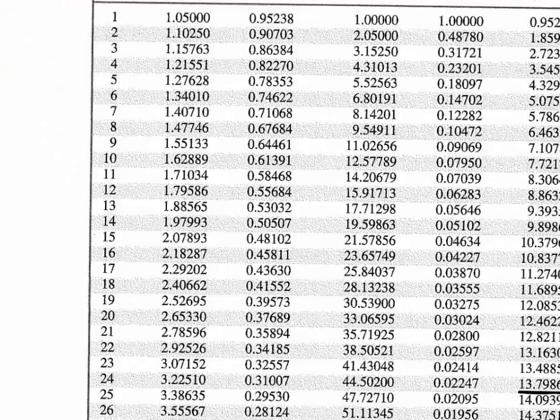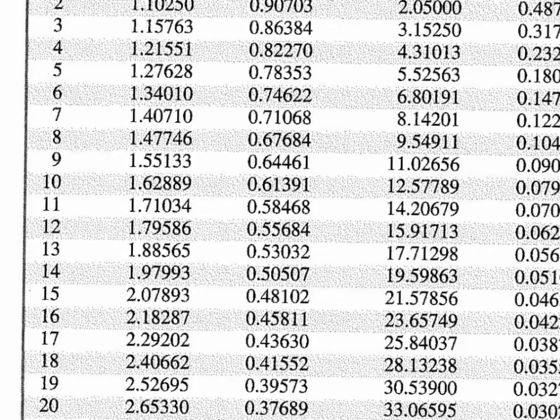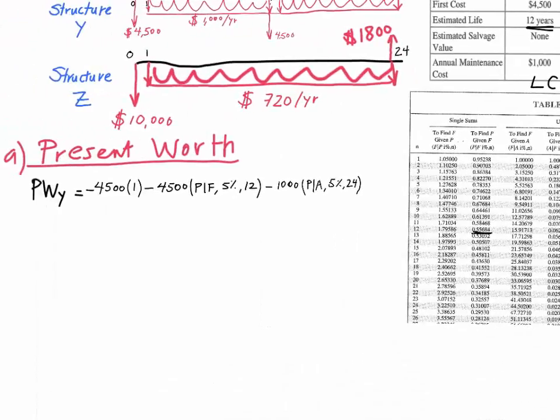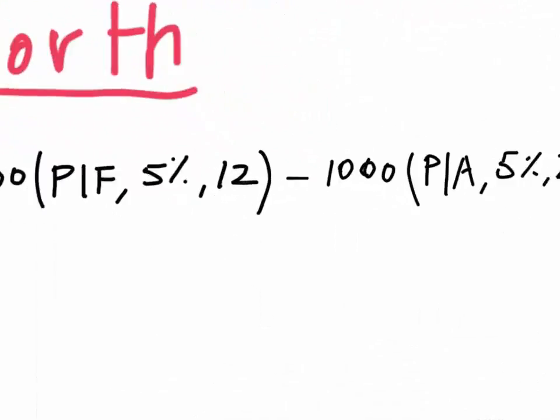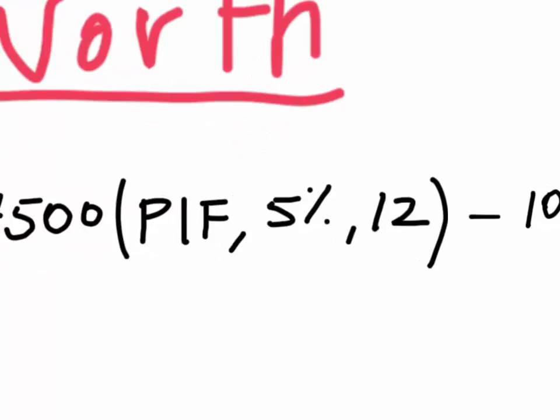Another factor is P given F and 12%, which is this one. So 0.55684. So using these factors now, I'll write them on top of my formula here with a different color.